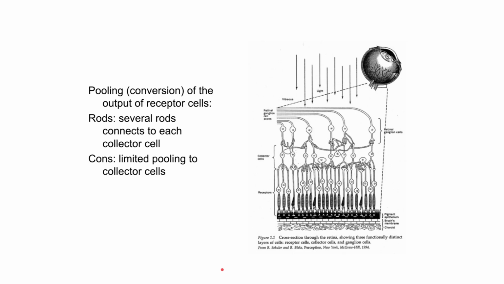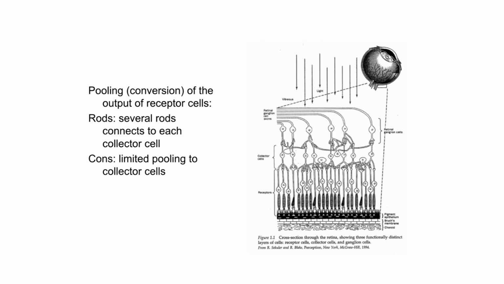So the other concept is pooling or conversion. So we said we have collector cells. These collector cells are responsible to accept visual features from both rods and cones, and we call this process pooling or conversion. It could be rod pooling or it could be cone pooling.